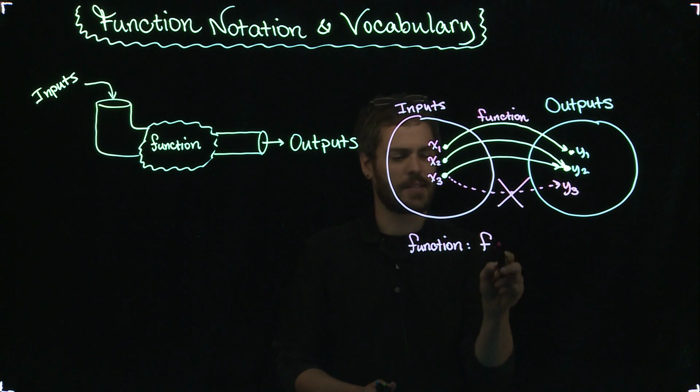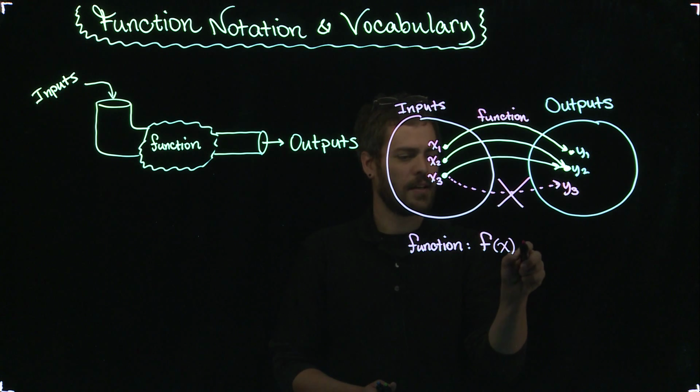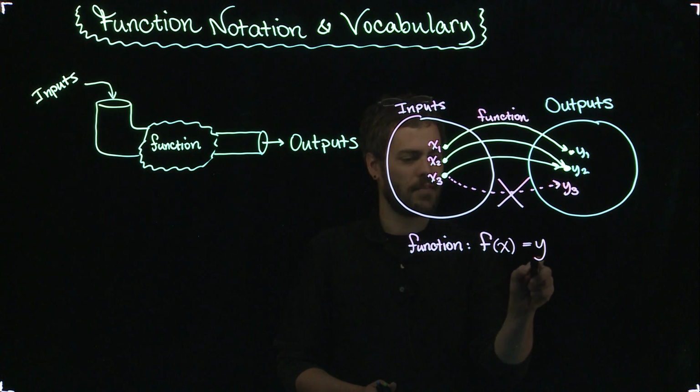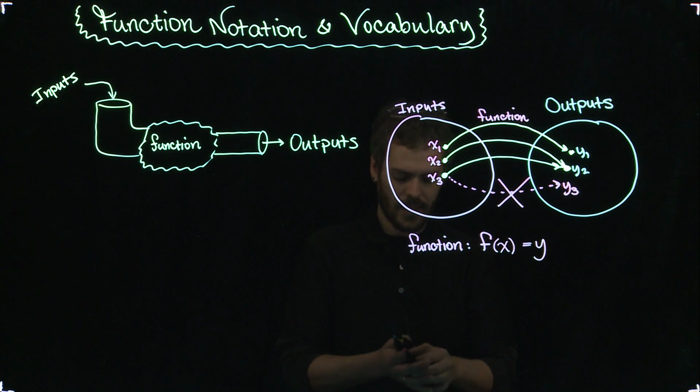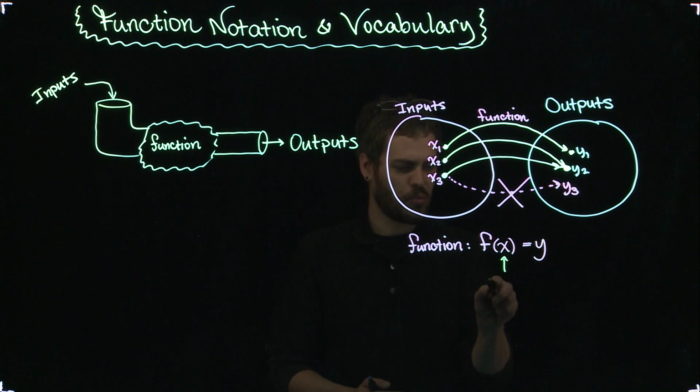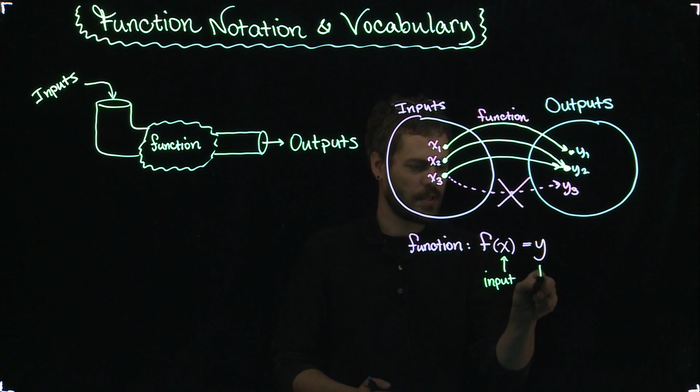In this case, what I would say is that the function that I'm calling f has an input of an x value and an output of a y value. So I would say f of x is equal to y. The x, again, is the input. Whatever that turns out to be, the y value is the output.